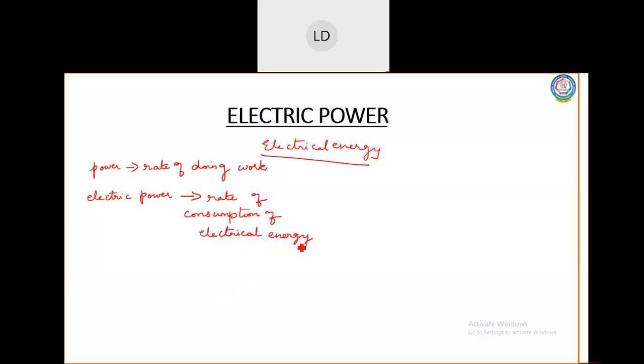It is for the energy we pay the amount. Whenever you have a current bill, it is in units, and that is nothing but the electrical energy measured. So electric power is the rate of consumption of electrical energy.